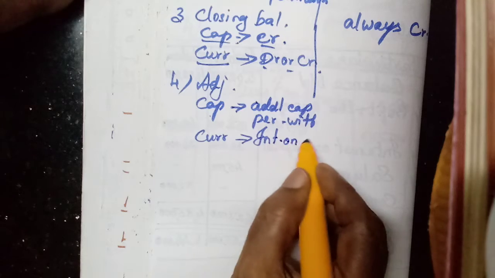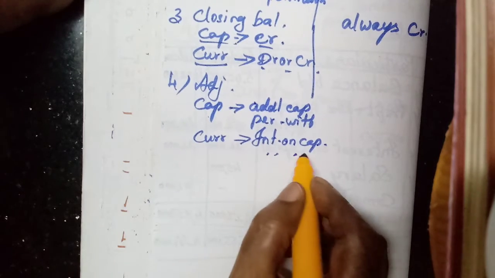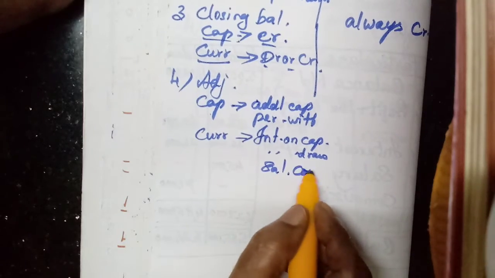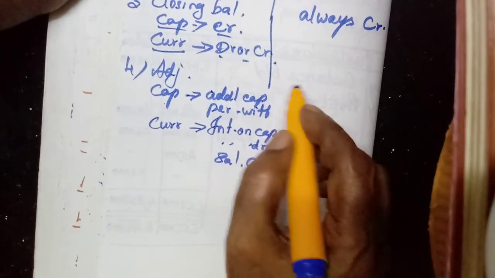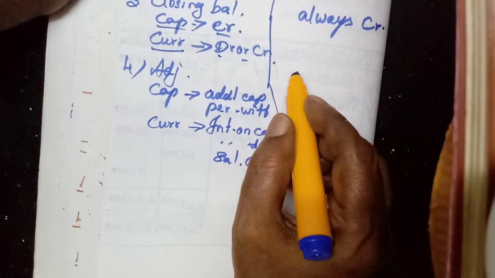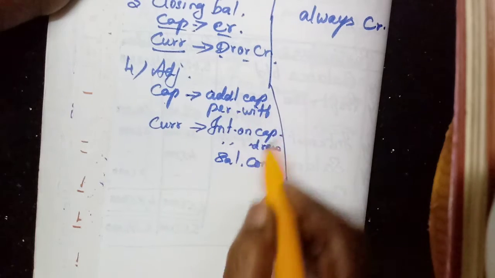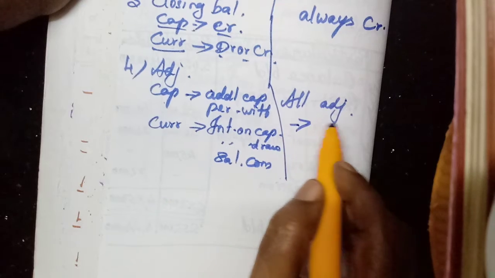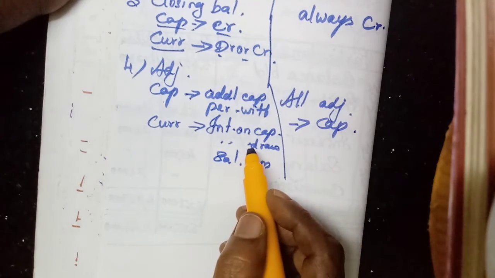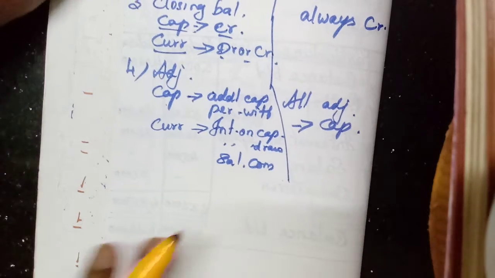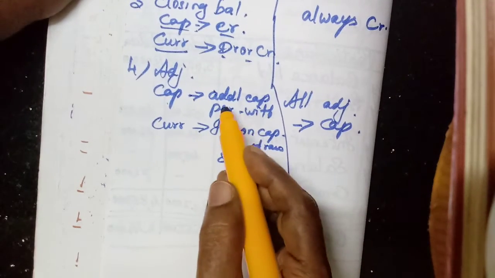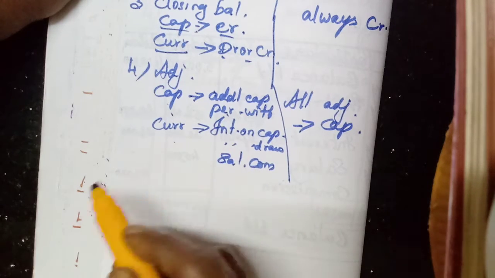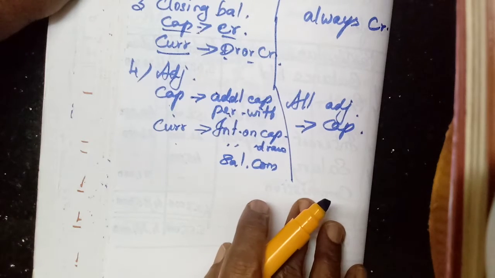Interest on capital, then interest on drawings, then salary, then commission, everything will be adjusted in the current account. But in the fluctuating capital method, all adjustments will appear in the capital accounts. Okay, all the adjustments will be made in the capital accounts, but here two adjustments will be there in the capital account. Remaining adjustments will be made in the current accounts.